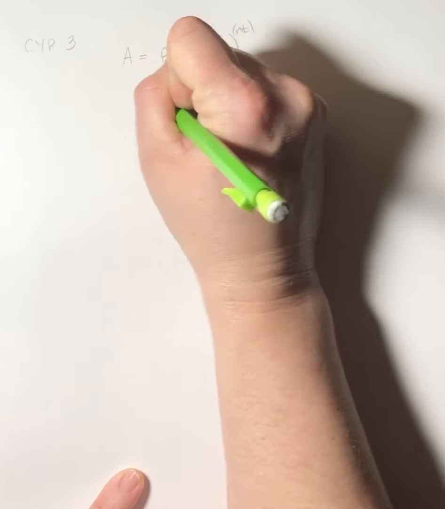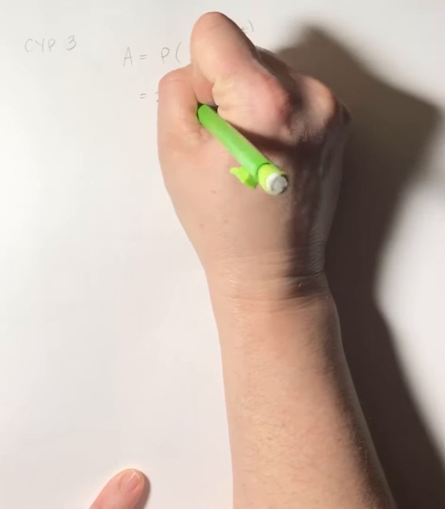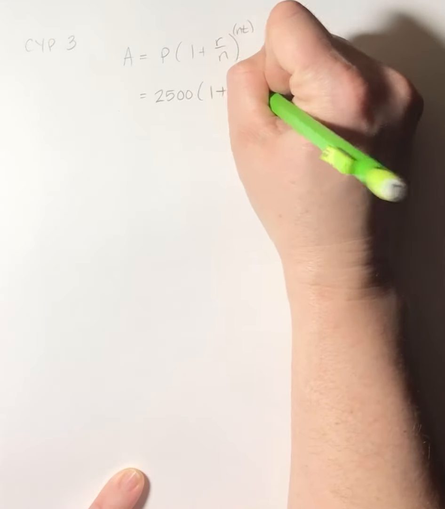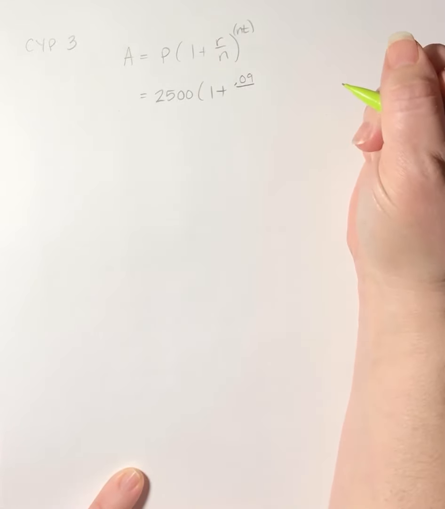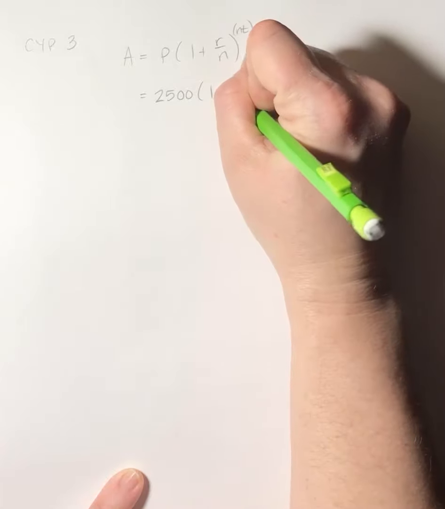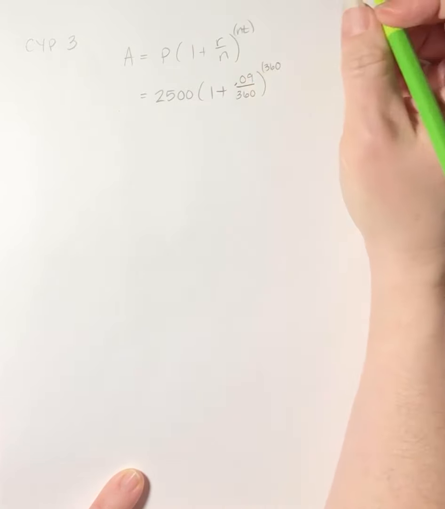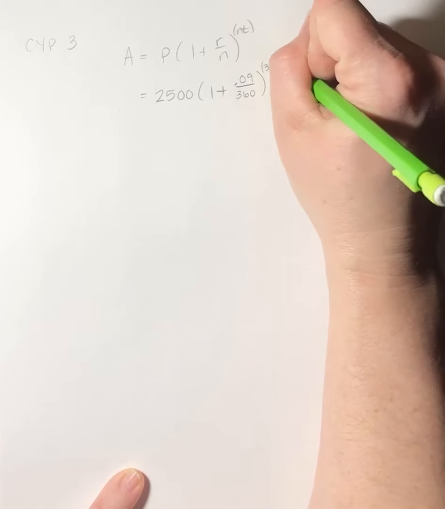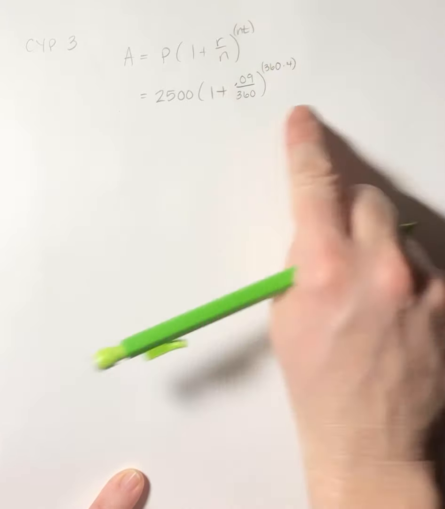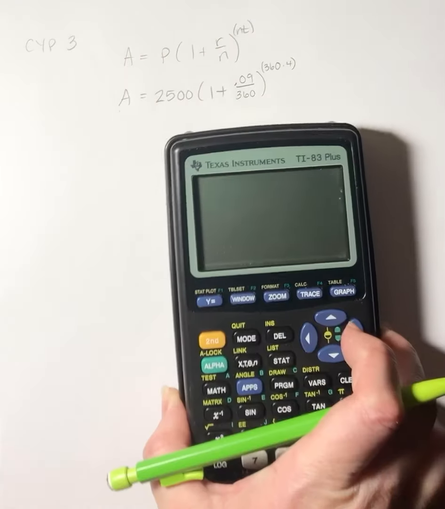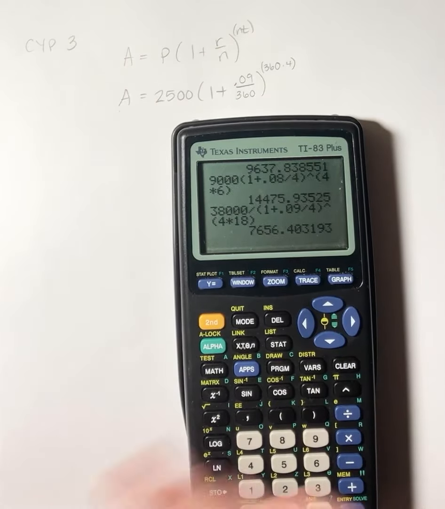So we are starting with $2,500, 9%. So my percentage rate is 0.09. Compounded daily, so N is 360, and for 4 years. And we can take that whole thing and stick that whole thing in our calculator all at once.